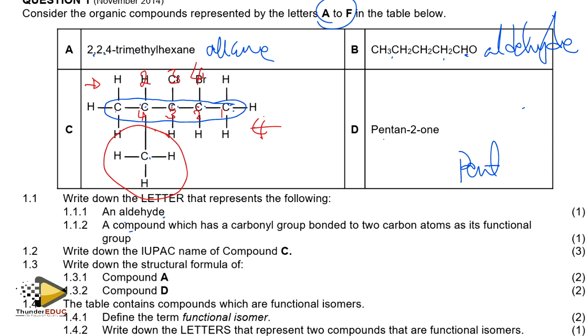So now let's name it. I have the bromo on carbon atom number 2, so it's going to be 2 bromo. And then chloro is on carbon atom number 3, 3 chloro.